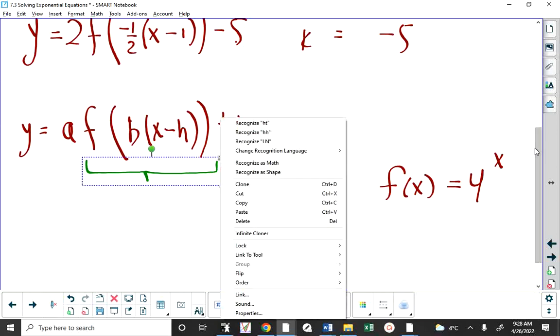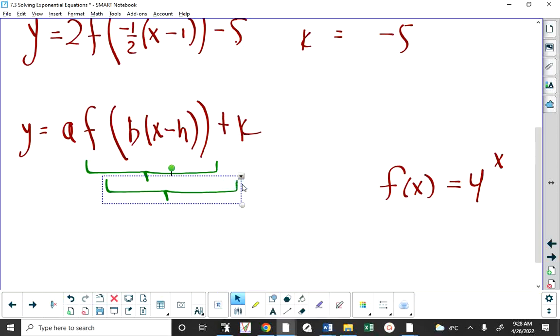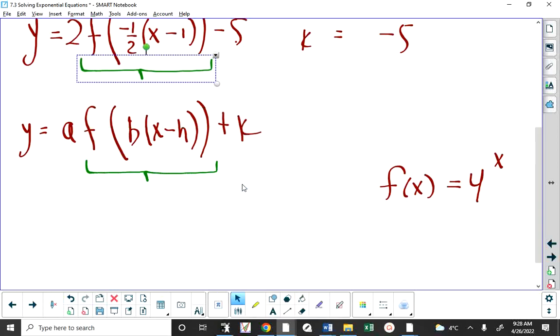What this means is that whatever b times brackets x minus h is, x is replaced with.